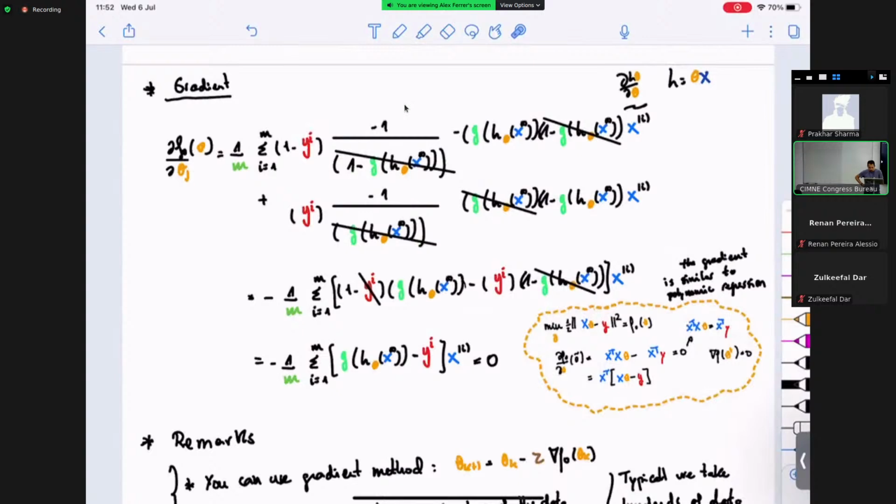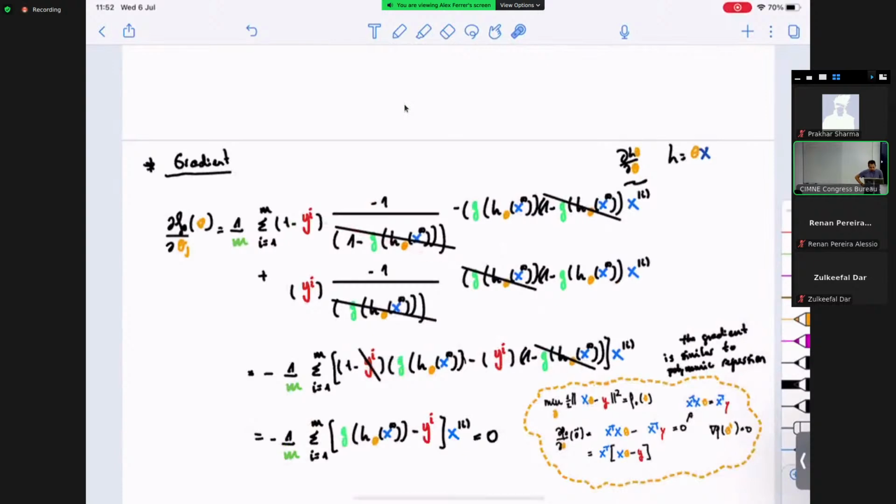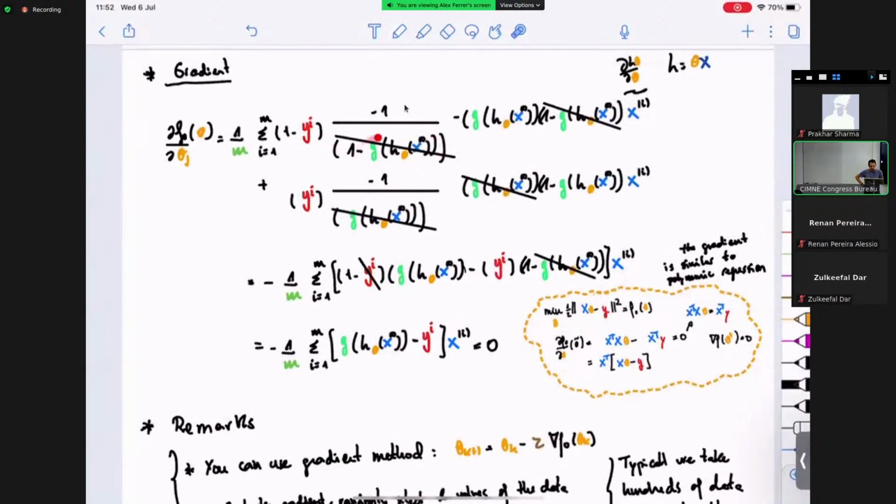Why? Because of 1 minus g, you have g times 1 minus g, which is the chain rule. So in this derivative, you cancel one with the other, and these numbers that typically go to 0 because of 1 minus 1 or 0, you will not have them anymore because it cancels this with this, and probably it's going to be more stable numerically.